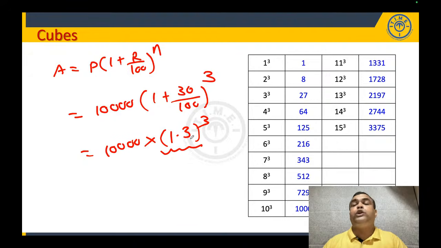Do you know 13 cube? How much is the 13 cube? If I know 13 cube, then I can do it faster. Otherwise, I have to use calculator, 1.3 into 1.3 into 1.3, and then it will take me more time to get the answer. So I'm just showing the topic. Nobody asks you 13 cube is how much, but it is required while solving the questions.